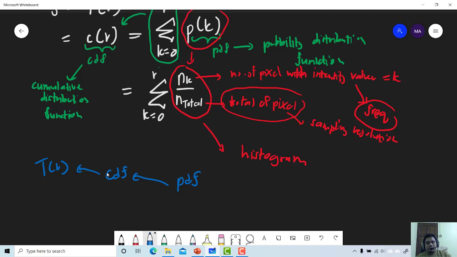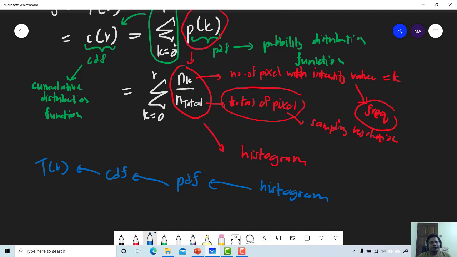And then the PDF actually comes from my histogram, because the equation to generate the probability distribution function needs this n_k, where n_k is my frequency, which I can obtain from my histogram. So that's why I said this is the process to generate the transformation function of histogram equalization.